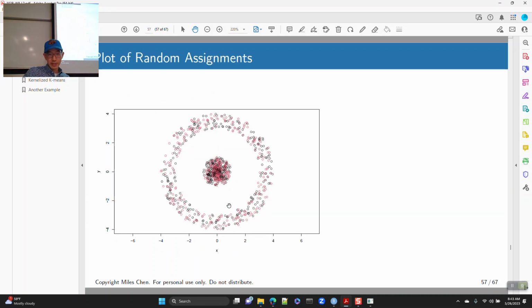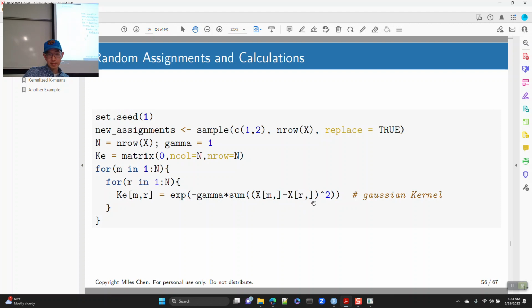For the Gaussian kernel, what was the gamma I chose? I just chose a gamma equal to 1.